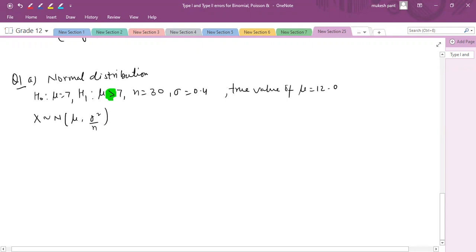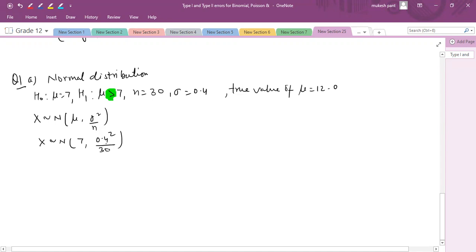So this distribution will be X normally distributed, mean equals 7, variance 0.4 squared over 30. This will be the normal distribution. Here you will have to use the calculator again for type 1 error because you need to find the critical region first.